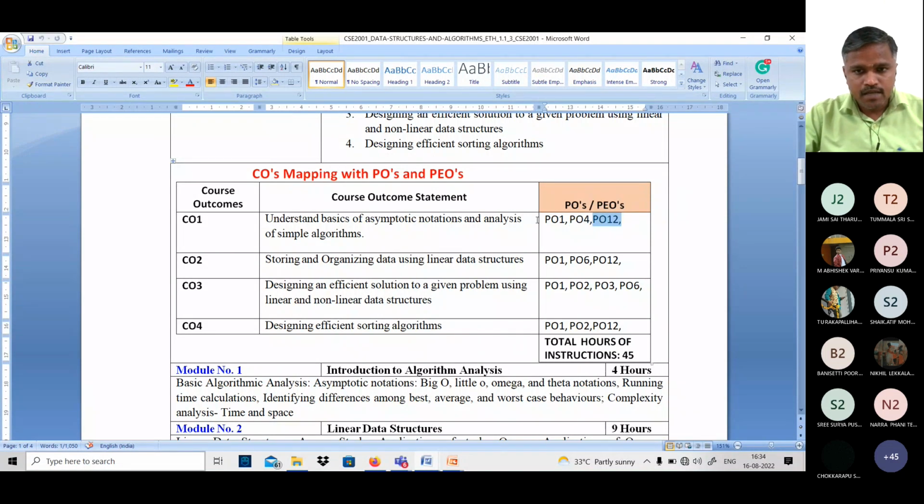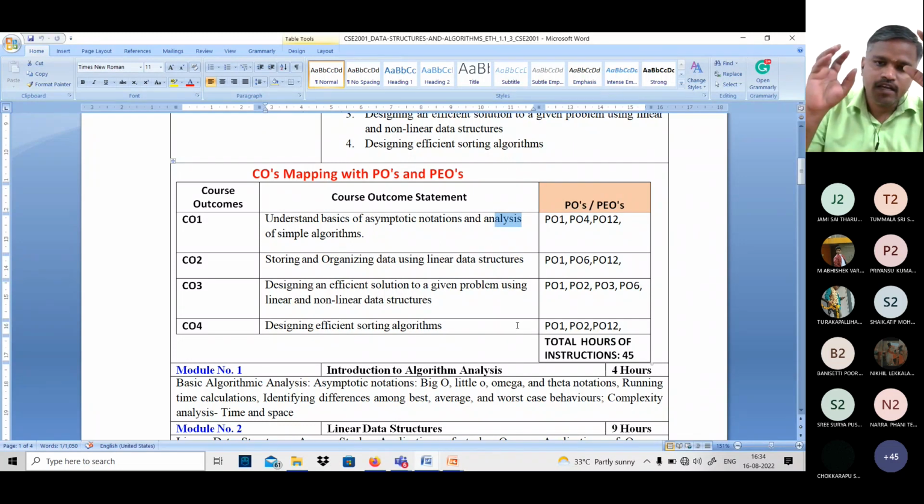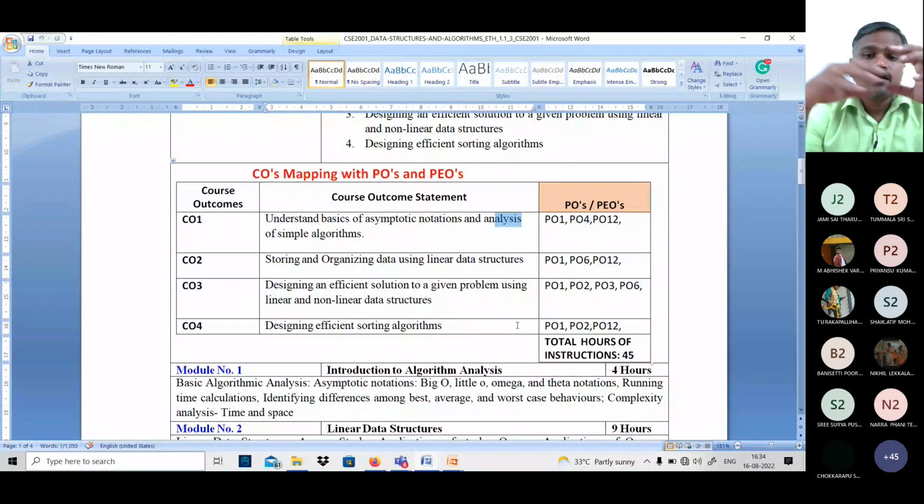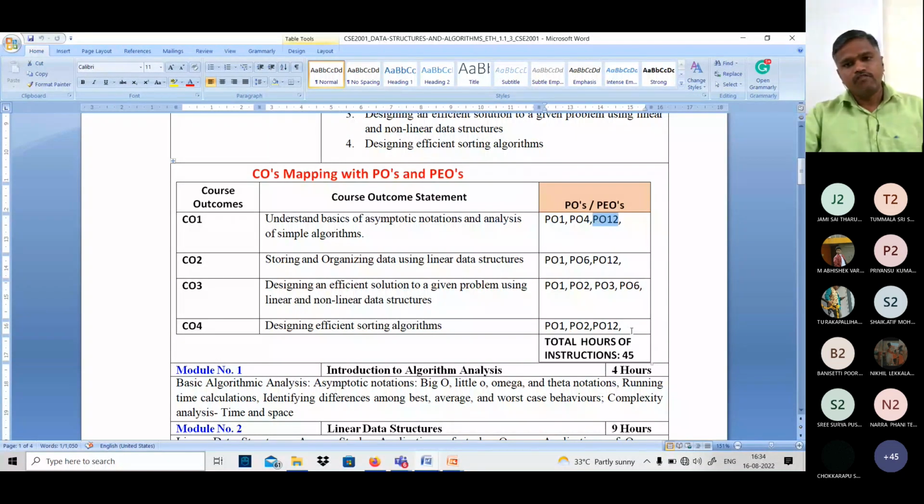And as a computer science engineer, if you become a software engineer in future, you will always write some algorithm. So this analysis knowledge will be useful to you in your lifelong career. That is PO number 12.